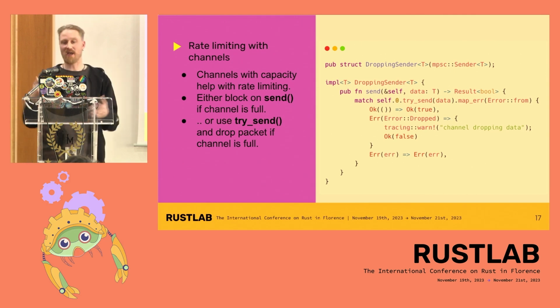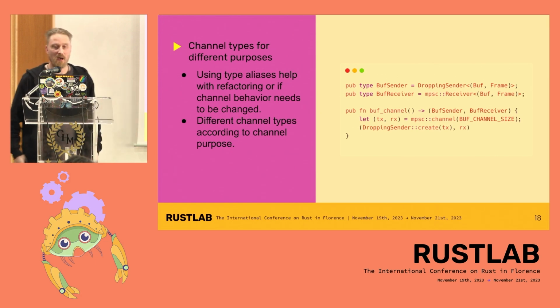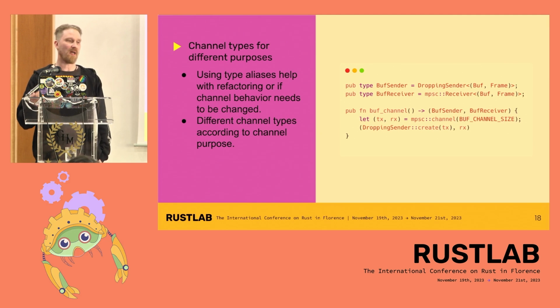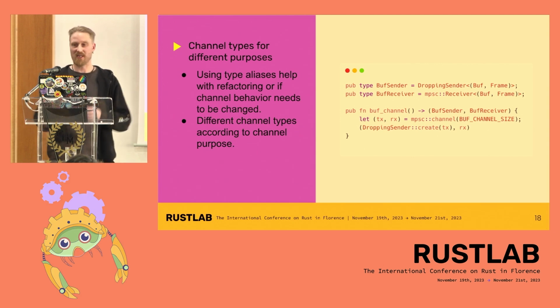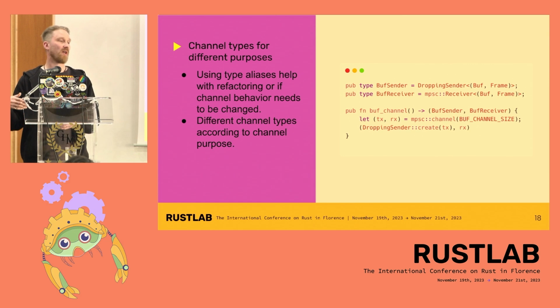So there are two different ways to handle it, and you can use different types of channels between different observers to ensure how you want to handle things. I found that it's very nice to use, for example, type aliases to define the different channel types used between the different observers. Then when you need to refactor, or if you need to change the behavior of the channel, you can just change the type alias to point, for example, from a blocking to a dropping channel.